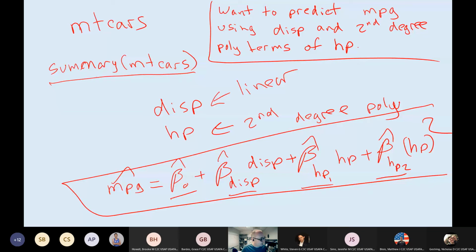Let's see. model equals lm(mpg ~ disp). That looks awesome, Devin. That seems correct to me. All right. Thank you, sir.